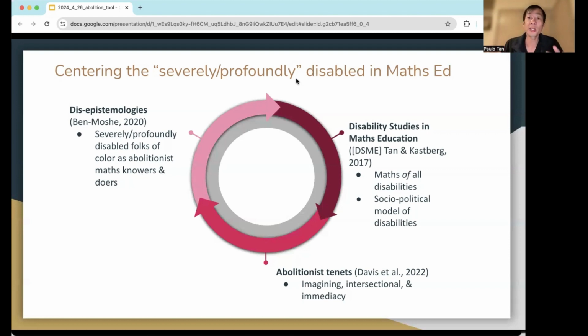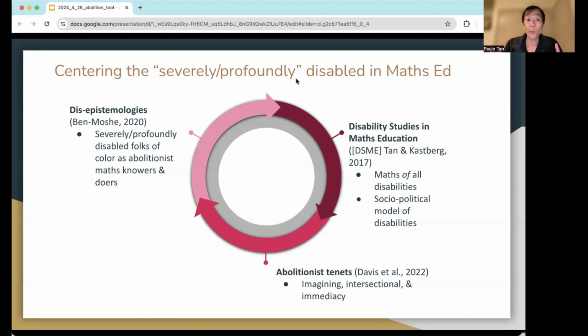And so it really is grounded in this field of disability studies in education, and it takes on this mathematics approach to thinking about disabilities and how that can be a source of knowledge, which is the third aspect of this slide, which is disepistemologies, as Liat Ben-Moshe talks about.